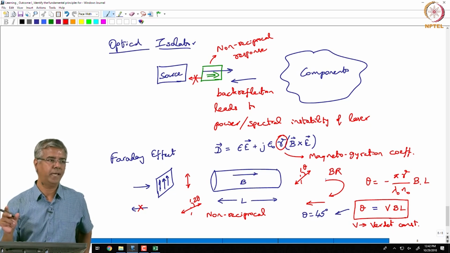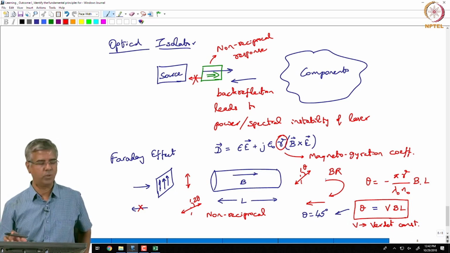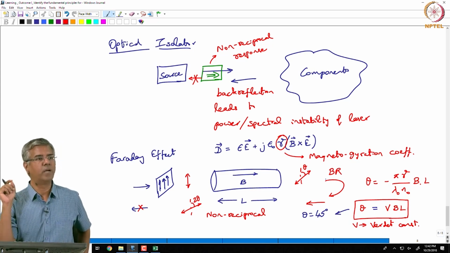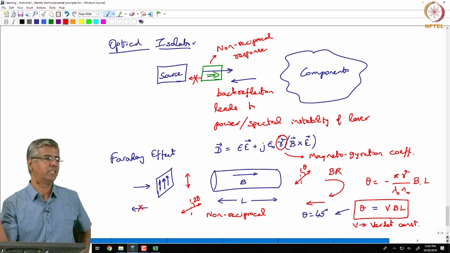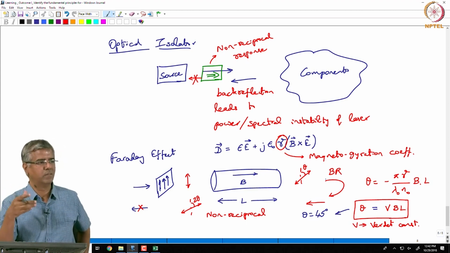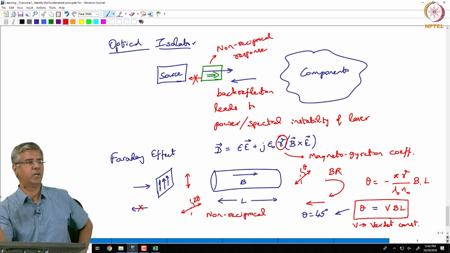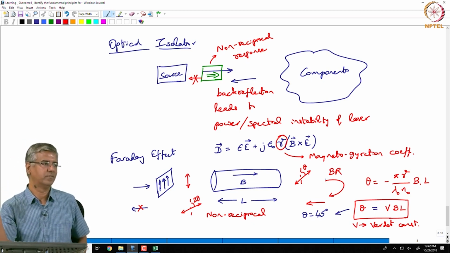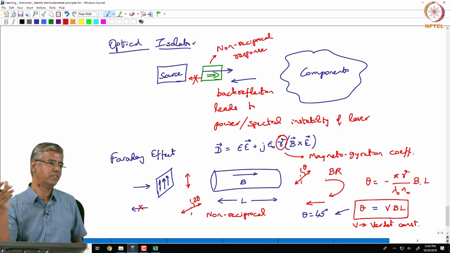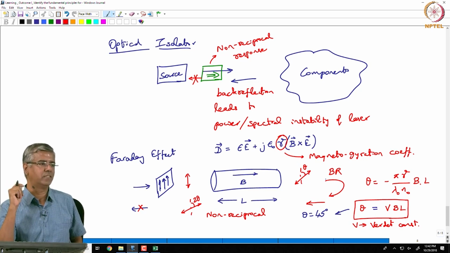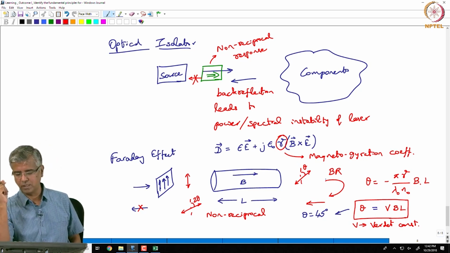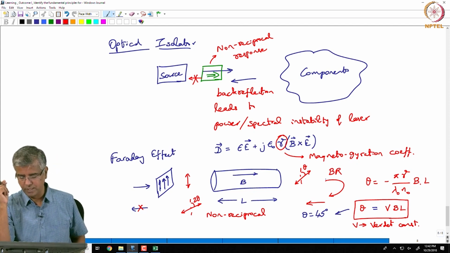So, a Faraday isolator, that is what this device would be called, for one wavelength will not provide the same isolation as some other wavelength, because for some other wavelength theta would not be 45 degrees and you would have to go through Malus law essentially to determine how much light is actually going through, right. So, it won't work as a perfect isolator.